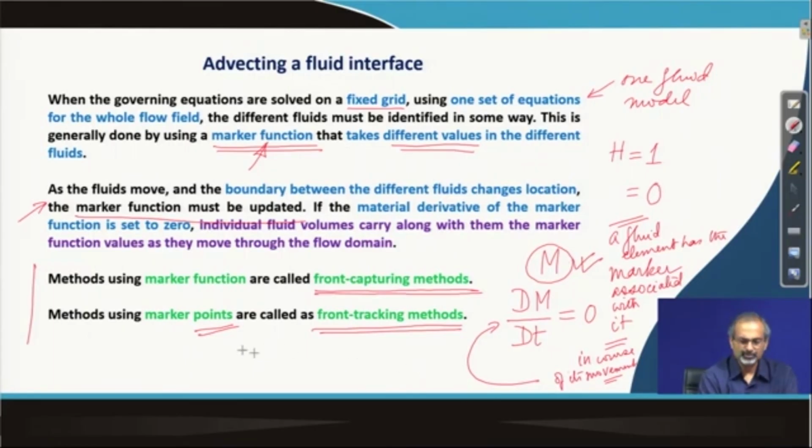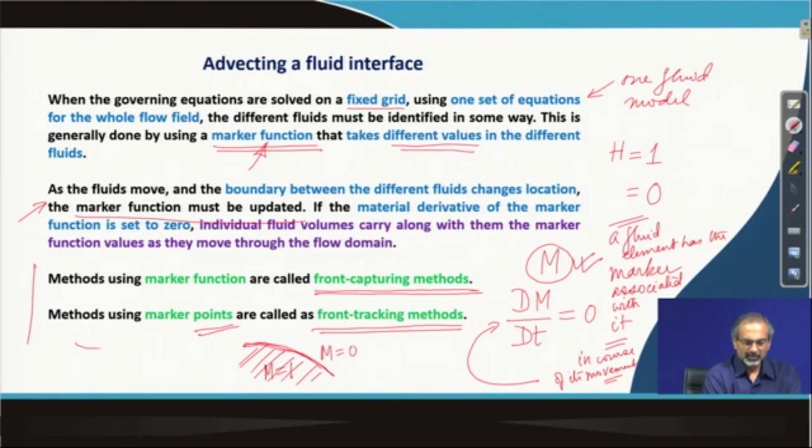That means, as though there is a region which is carrying certain marker function of a certain value m equal to 1, and this is another region m equal to 0, and this front is advancing in some manner, then we are using marker functions to demarcate the two phases.